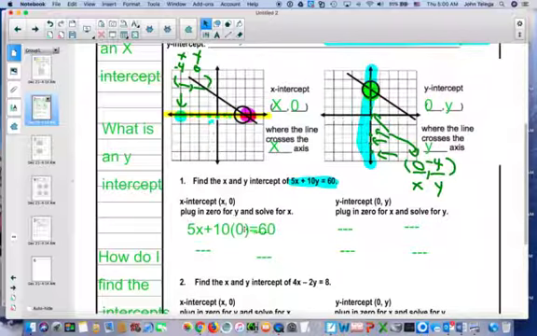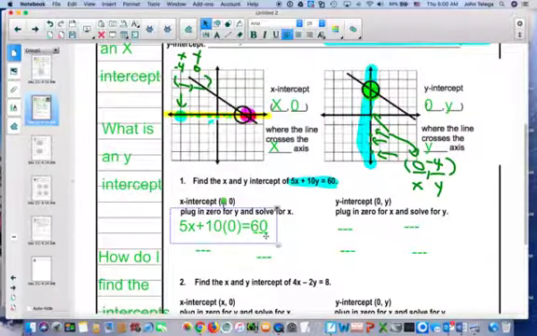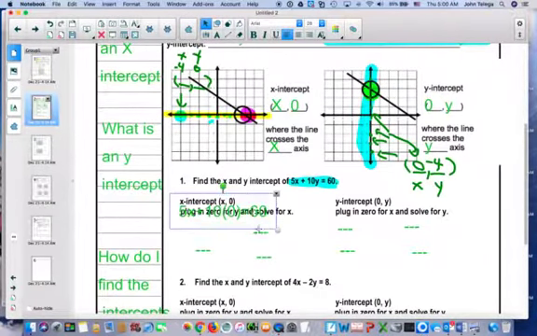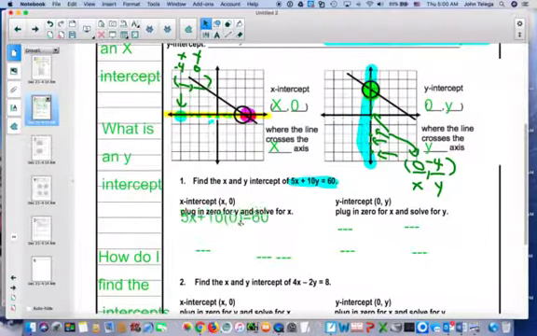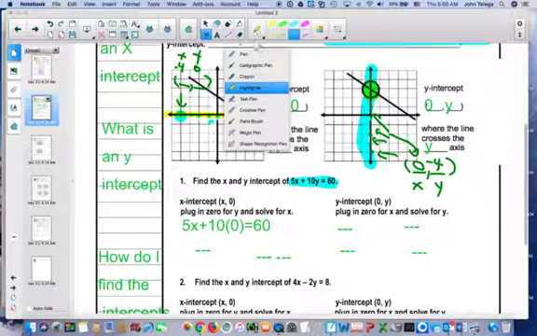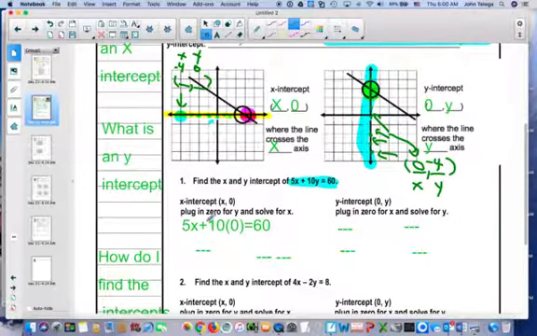Now I have to do some freehand around this, but I got to move this one here. So now 10 times 0 cancels out, right? Because that's nothing. So that leaves us with 5x equals 60.